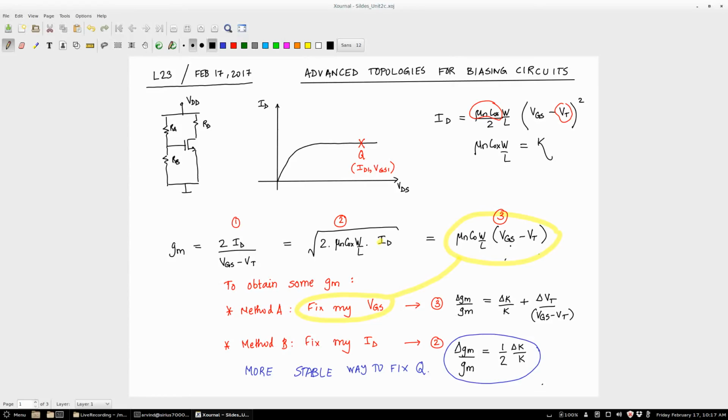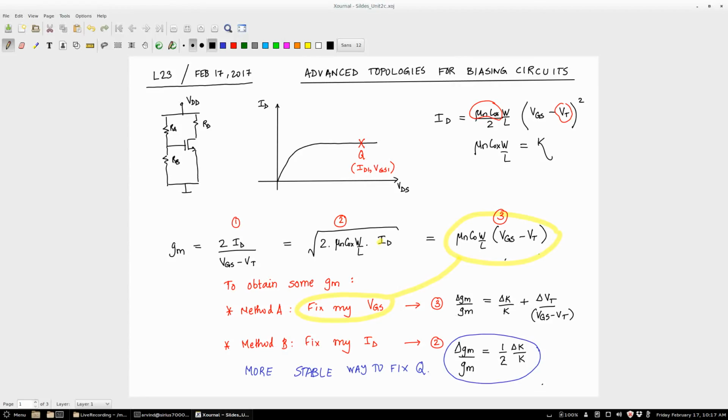Because in the previous discussion what we saw was that if I want to get a gm and I know the parameters of my MOSFET, then I can do one of two things. One is I can set my gate source voltage such that I get a certain value of gm. That is, use this expression, right? That is using expression 3. If I know my VGS, my VT, if I set VGS, I will get some gm. Another way is I can pass some amount of current through the transistor.